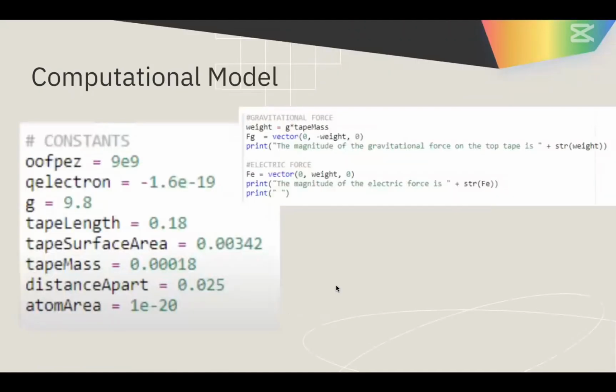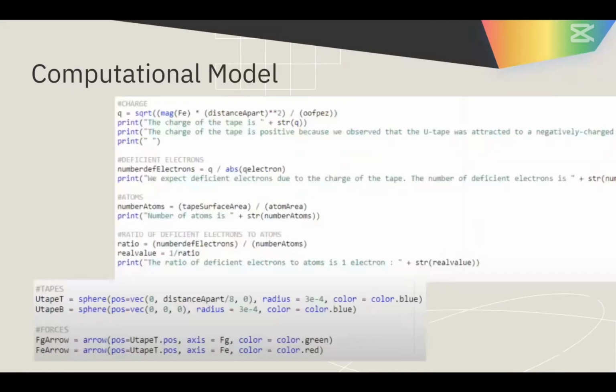So now we compare using the computational model. This is the part where we put in all the constants, the mass, the area, all of the things that we measured earlier. Then we set up some calculations like the weight using g, which we established to be 9.8. So we lay out the constants in the code to use later in these calculations. We have some print outputs so the model can tell us what the results are.